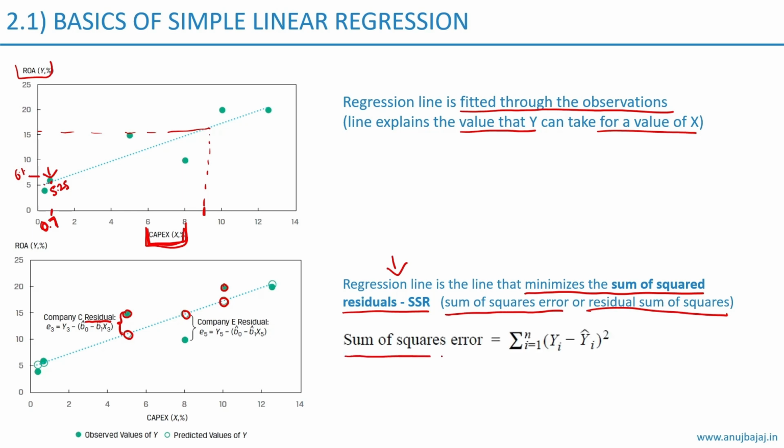So this is the formula of the sum of squares error which we are trying to minimize. This is the error term. We take the square of the error terms and we add all the squared error terms. So we want the linear regression model to minimize the sum of squares error as much as possible.